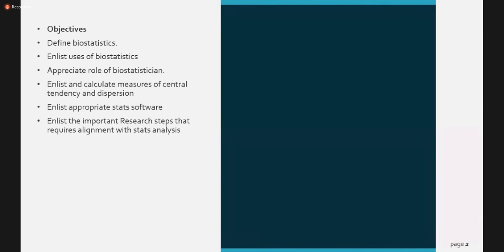And we will discuss a bit about the important research steps that require alignment with statistical analysis. What does this mean? When we come to the end of the presentation, I'll discuss it especially.